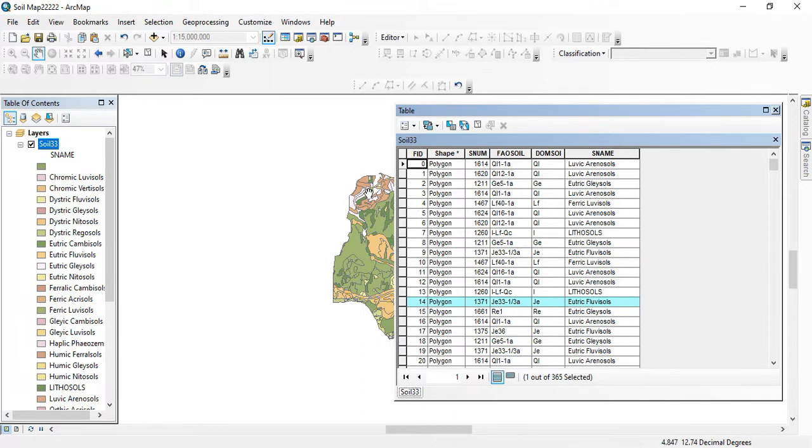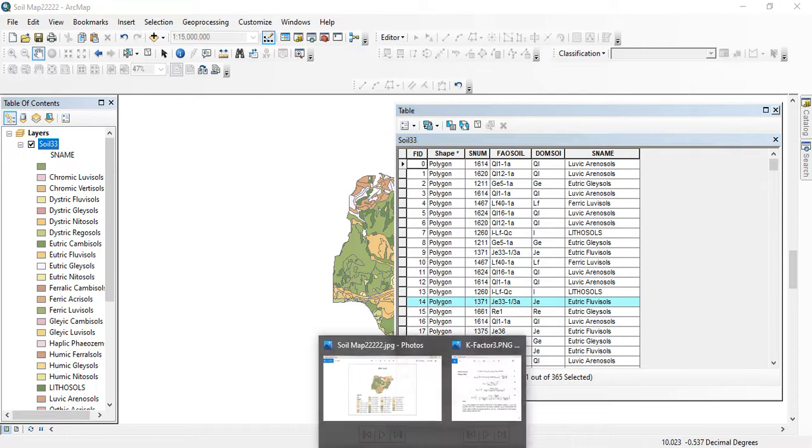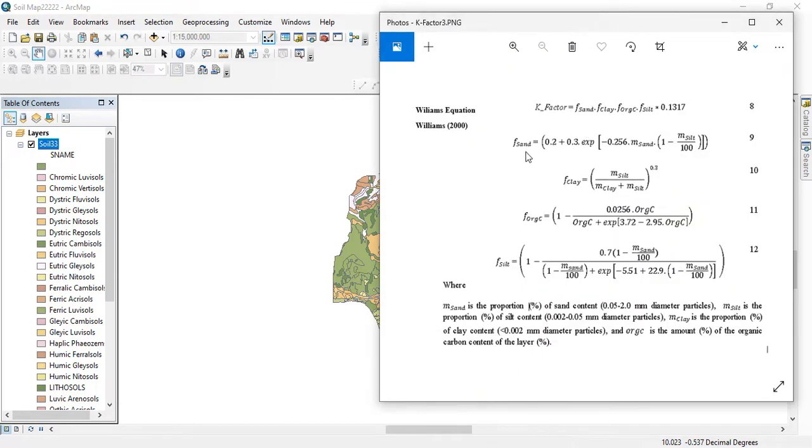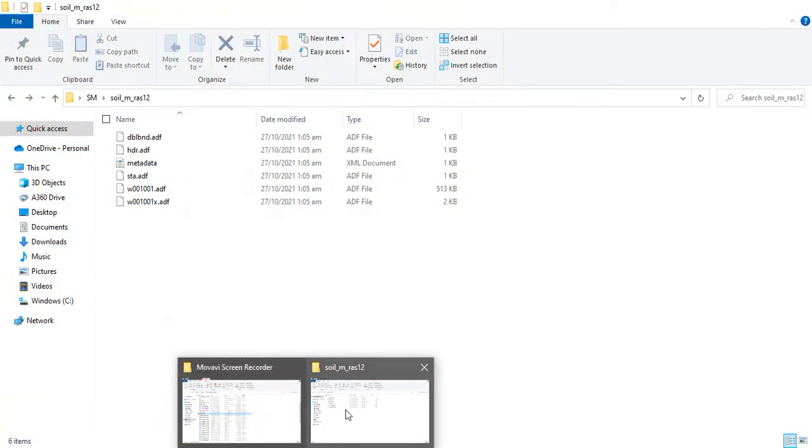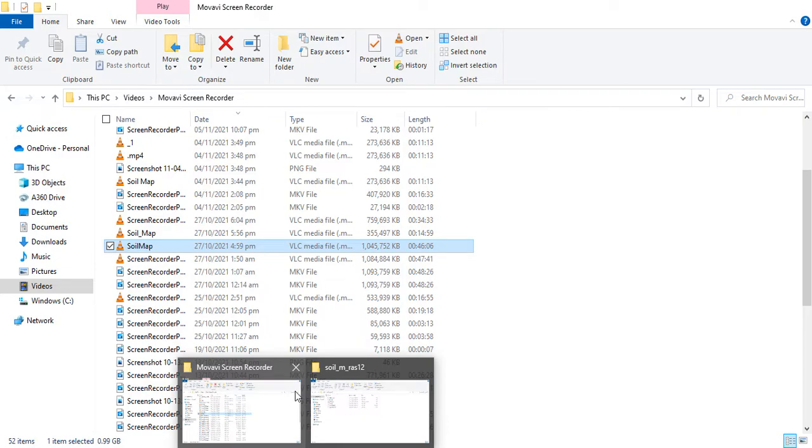In order for us to estimate from the equation, we have F sand, F organic carbon, silt, and that of clay. Don't forget, in one of our previous videos, we showed how to download the soil data on the portal.